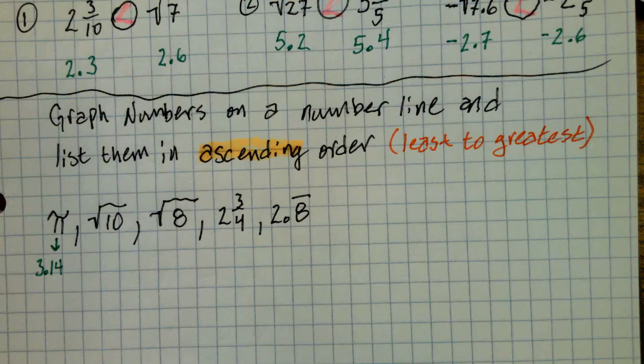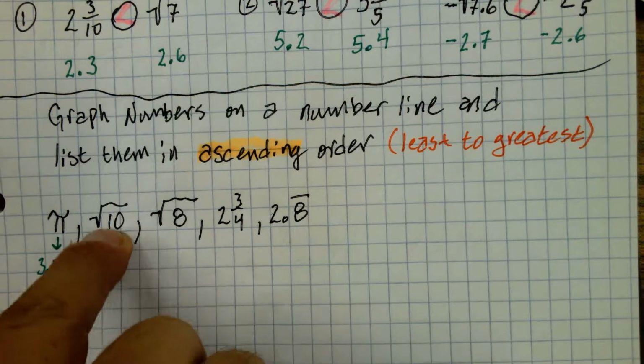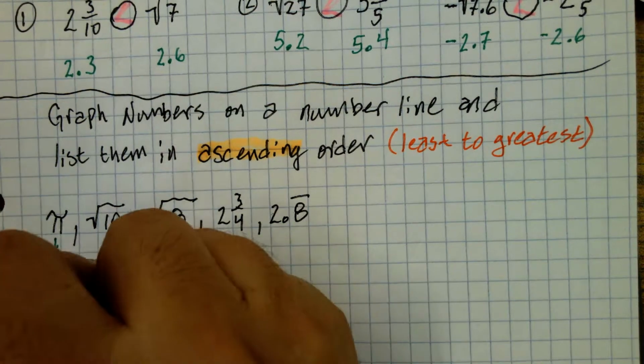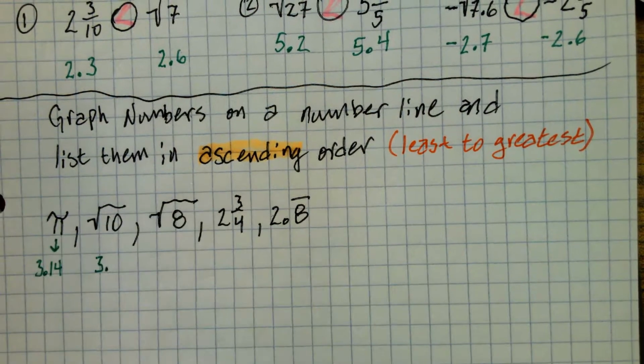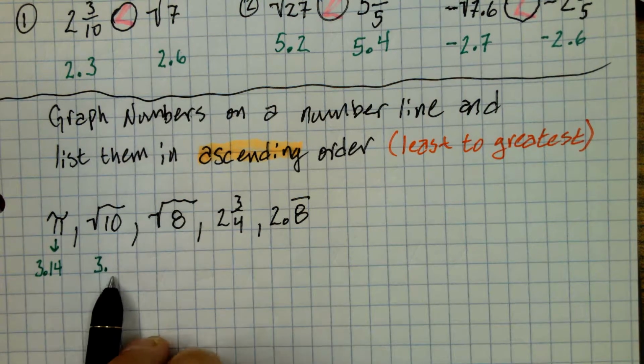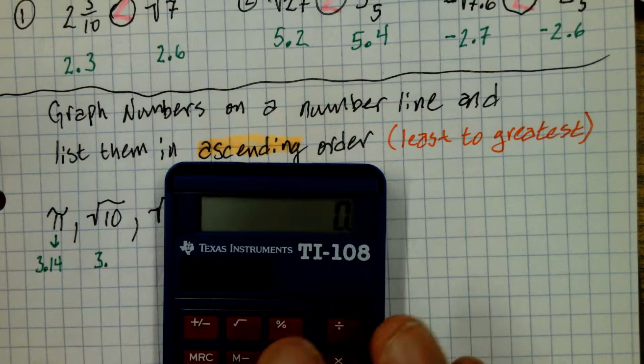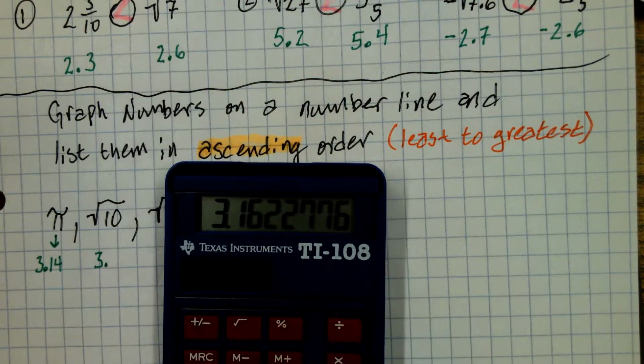It's between 9 and 16. Well, not perfect square, but what number comes right after 9? 10. So square root of 9 is 3, and rounded it would be 3.2. Yeah, 3.2.